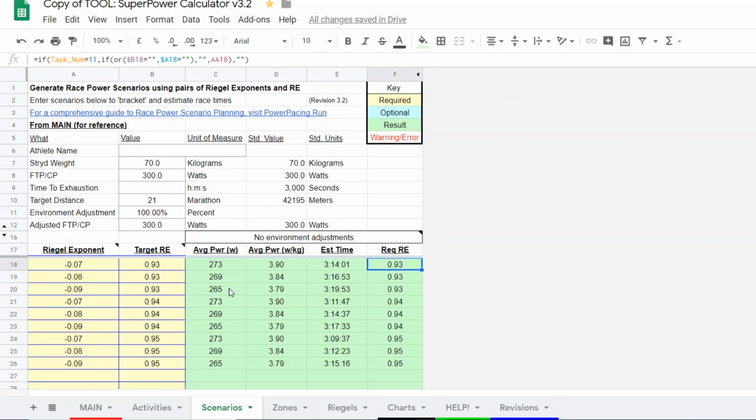And we're back to that scenario of, okay, hold 265 for the first 30K. And then if you're feeling great, you could ramp up as much as to 269 for the remainder. So the Riegel exponent here, that's an 8 watt spread. Here, 8 watt spread for this set. And for this set, 8 watt spread.